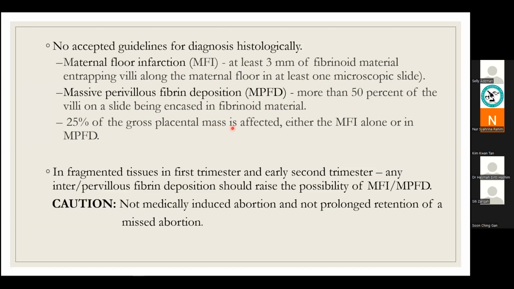That means I need to slice the placental disc really thinly and see how many percent of the placenta is affected. Whether it's 25%, for MFI or massive, or both, then I will diagnose.